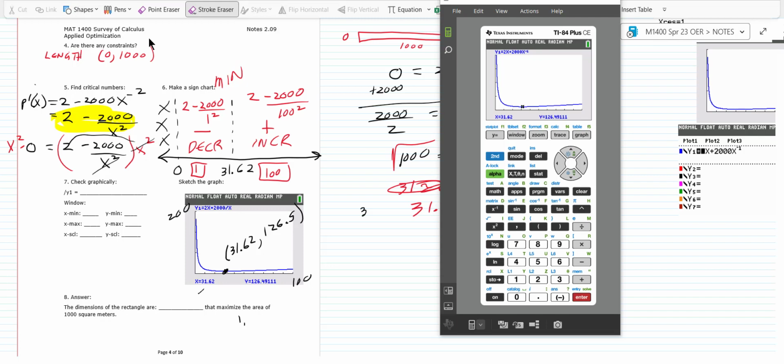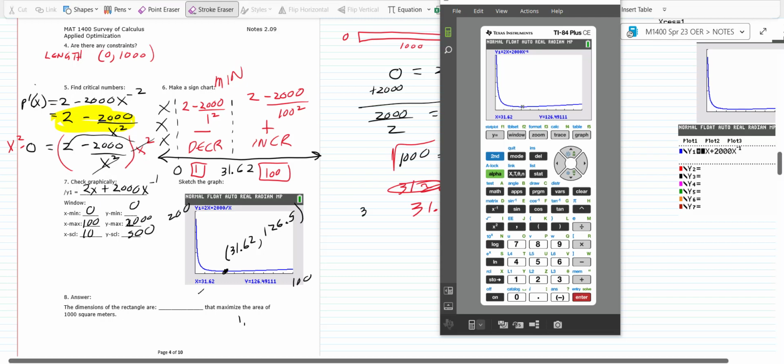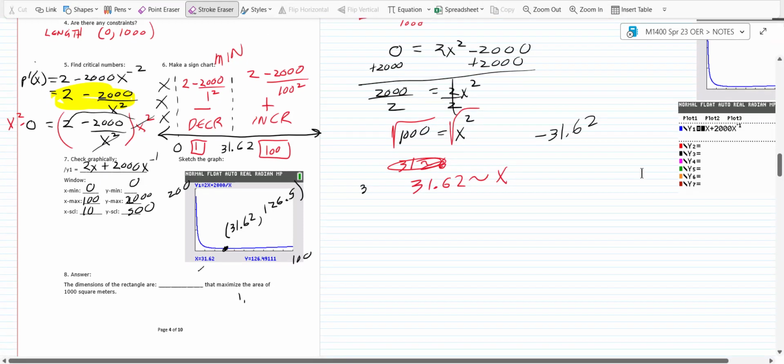So what we graphed is 2x plus 2,000 x to the negative 1. The window was 0 to 100 for x, and then 0 to 2,000 on y. So now we're ready to put together our answer, and we've got to write that correctly.